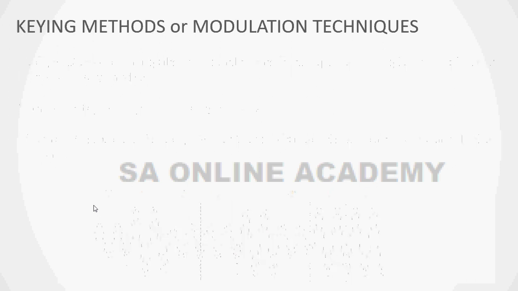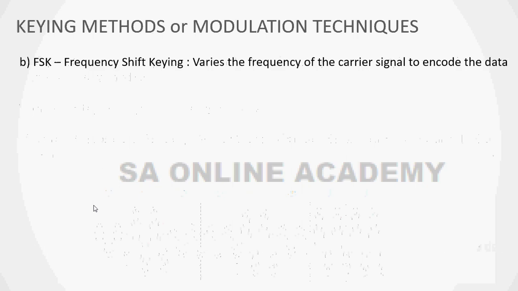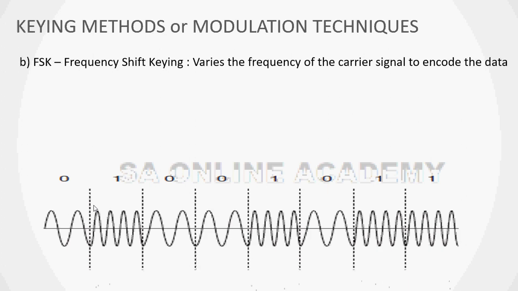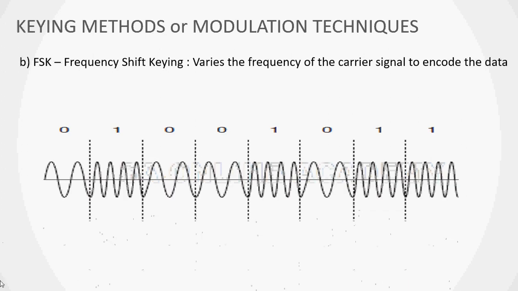Next is frequency shift keying. Like we saw amplitude shift keying, the same applies to frequency shift keying: varying the frequency of the carrier signal to encode the data is called frequency shift keying. By increasing the frequency, they put it as 1, and the lower frequency is considered as 0.